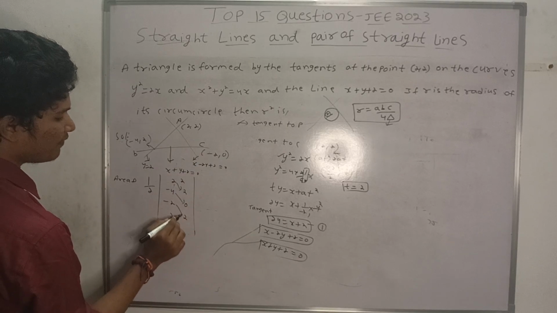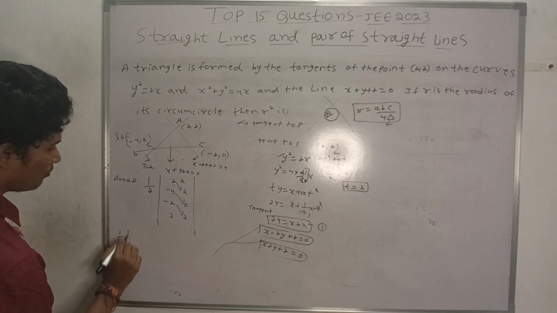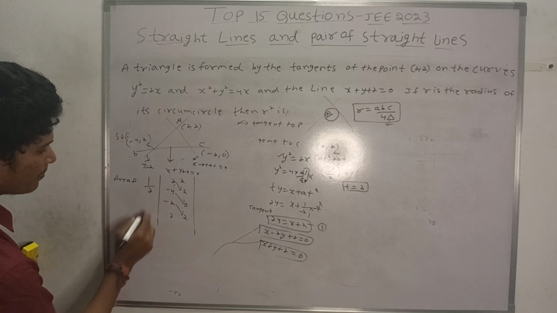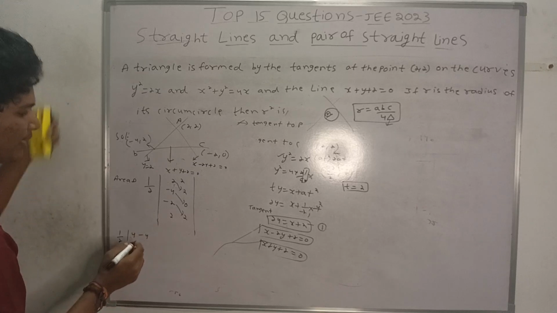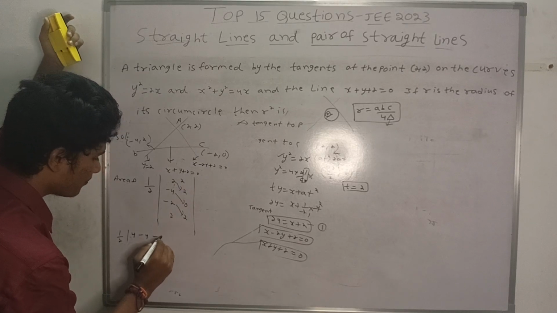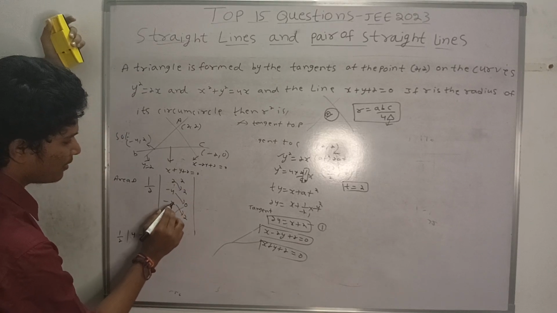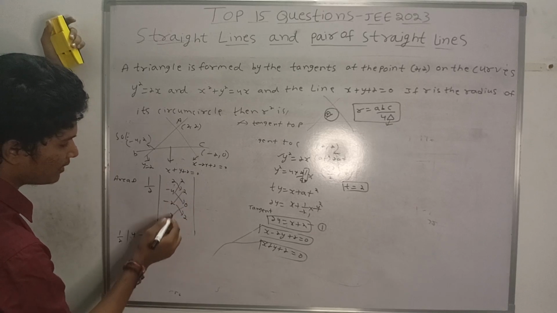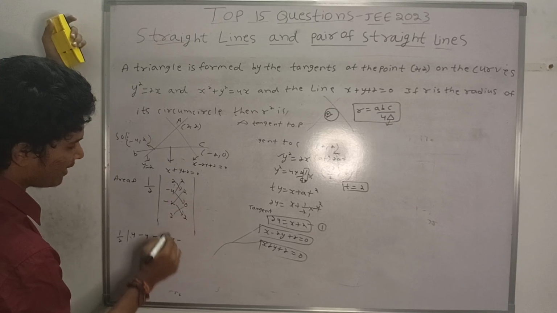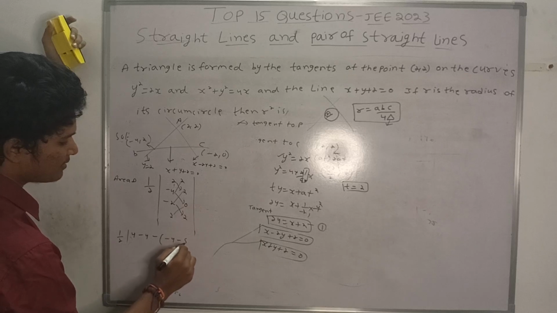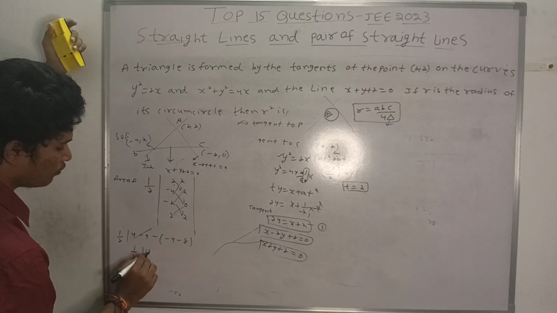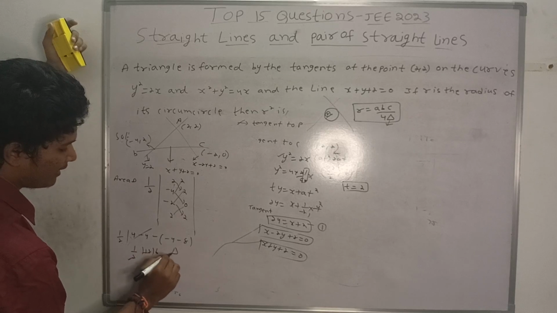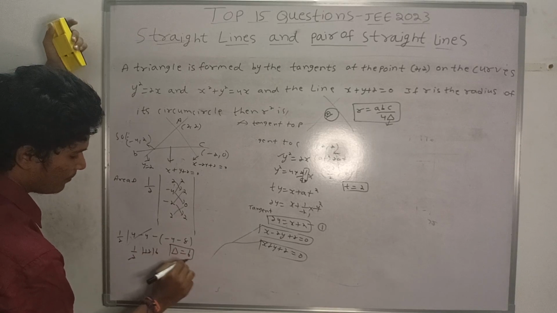Slide down first, that is half into mod of 2·2 ... and -2·2, that is -4 here, and again next slide up, you will get -4 minus, here it is -8, this is 0, and this is plus half into mod of 12, that is 6. So the delta is 6 here, that is the area.